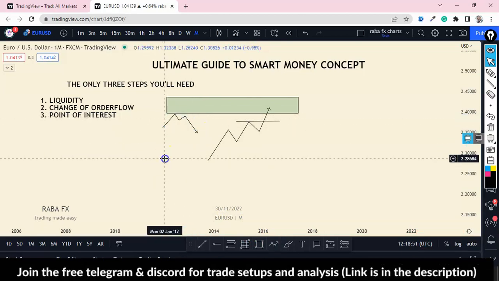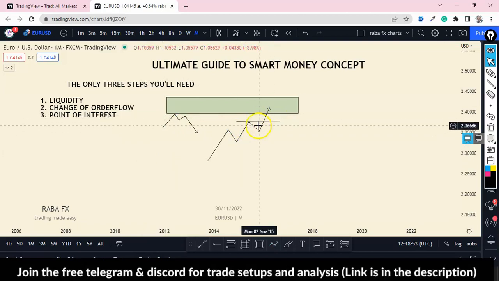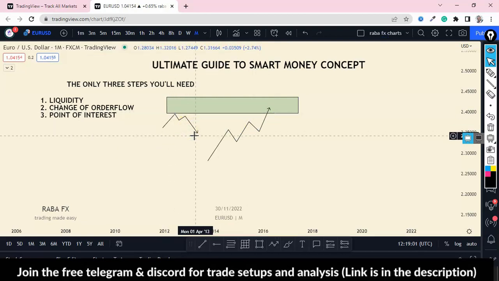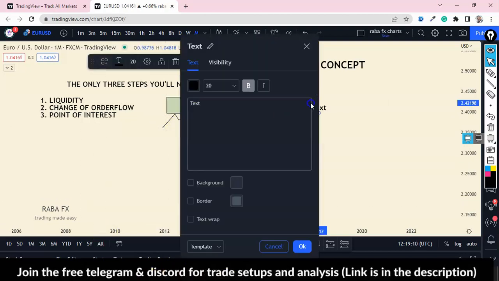What your eyes need to be doing is to train your eyes to see that liquidity, because the market does not move if it does not take liquidity. Write it down. The market will not move in that direction if it doesn't take liquidity. Why? Because liquidity is simply the fuel that the market needs to operate.